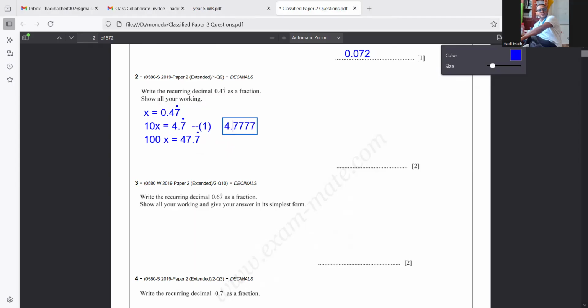So when you multiply by 10, you just move the decimal point 1 place to the right, and there's still 7 recurring. So this is exactly what you do here. You just multiply by 10. 10x multiplied by 10 is 100x, and 4.7 recurring multiplied by 10 is 47.7 recurring. Name this equation 2.